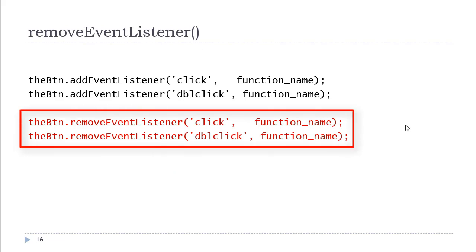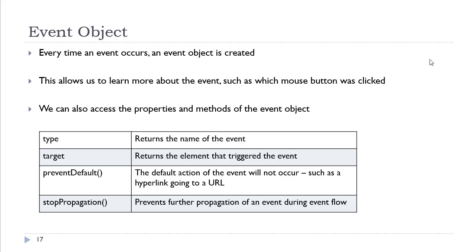I am just demonstrating the syntax. It is the same as addEventListener, only it's remove. Typically, that would probably occur somewhere in a function after the event has been executed. Finally, we have what is called the event object. So every time an event occurs, an event object is created.